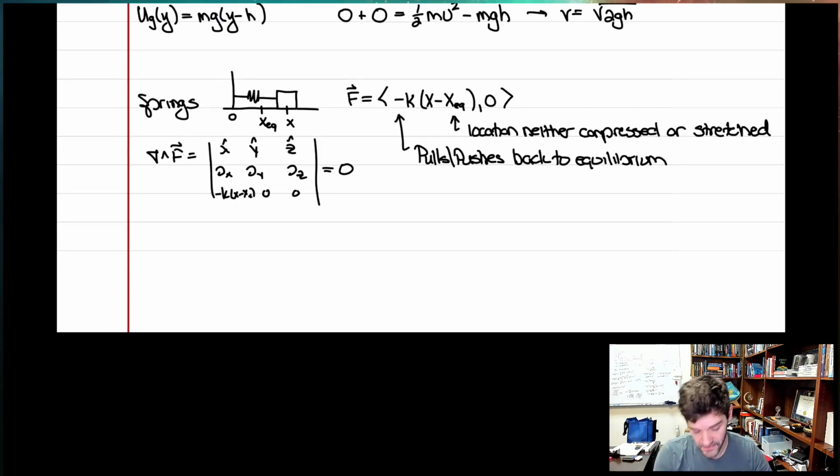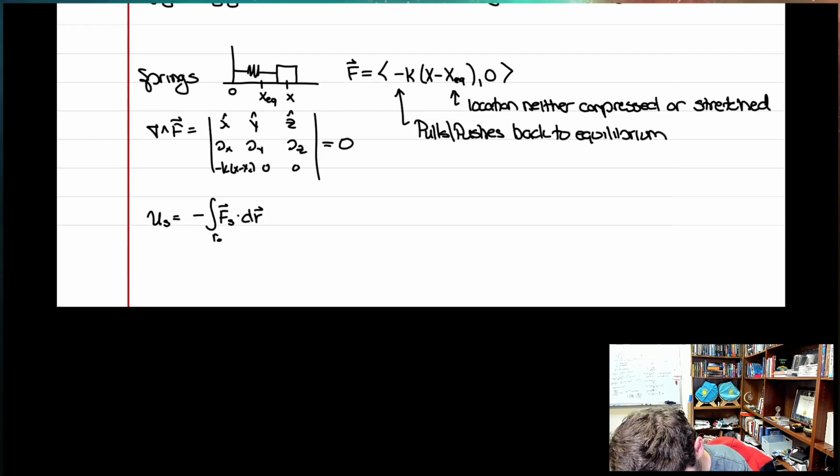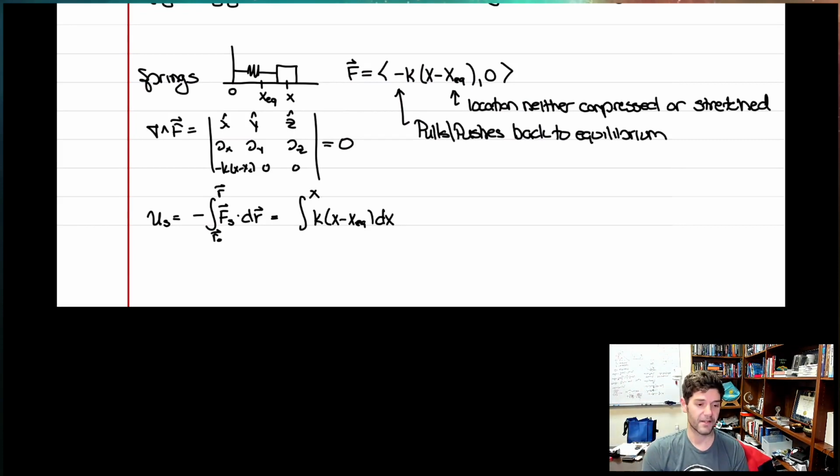This then suggests there's a potential energy function. Then I can write U spring is going to be negative the integral of the force from a spring dotted with dr, from some reference point to some arbitrary location. When I do that dot product, it looks like I get the integral of k times (x minus x equilibrium) dx, ultimately ending at some arbitrary x.